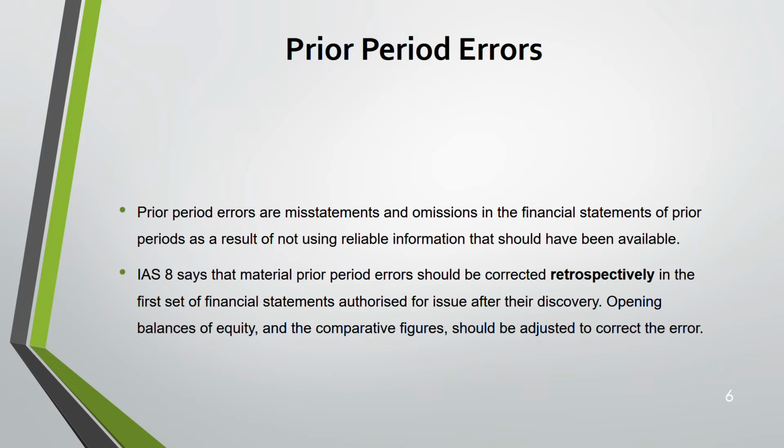IAS 8 says if there is a material prior period error, please understand material. If the error is very small, you don't have to change it. But in the exam they will most of the time give you a material error only. There's no doubt. Why? Because if they do not give you a material error, how will you adjust it? Sometimes they will not write the word material.